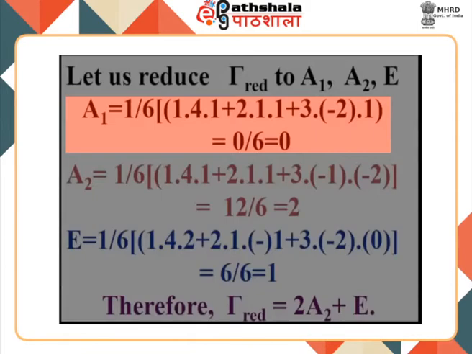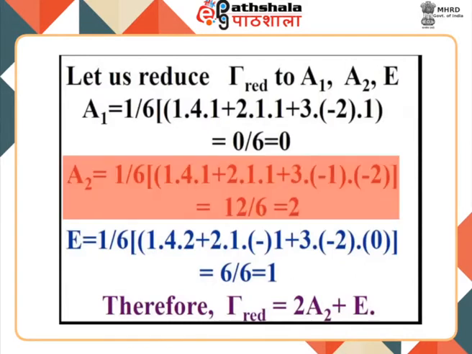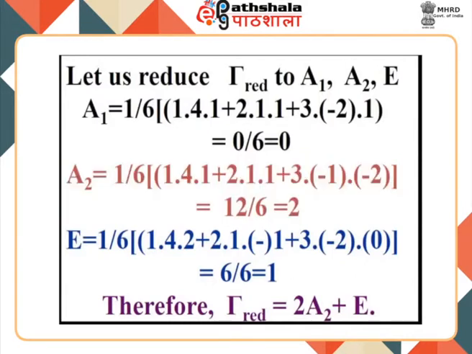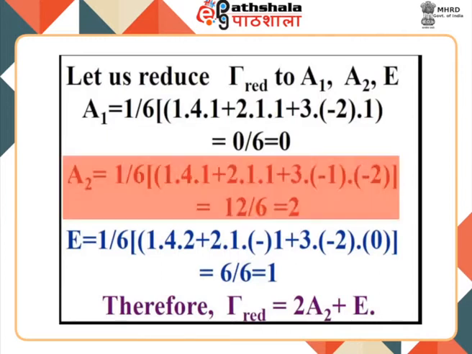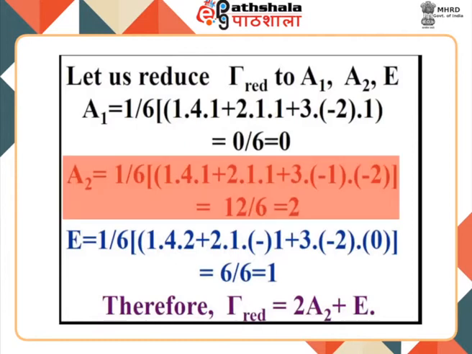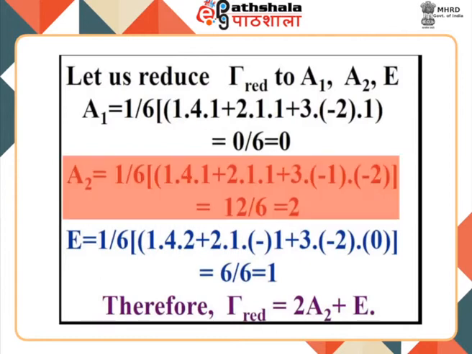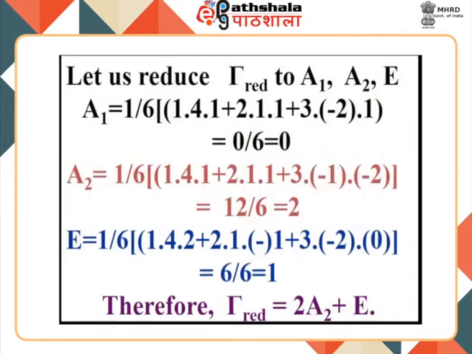No A1 is there in tau reducible. A2 is equal to 1 by 6 [1 into 4 into 1 plus 2 into 1 into 1 plus 3 into minus 1 into minus 2], that is 12 by 6, 2. That is, A2 repeats 2 times in this reducible representation.